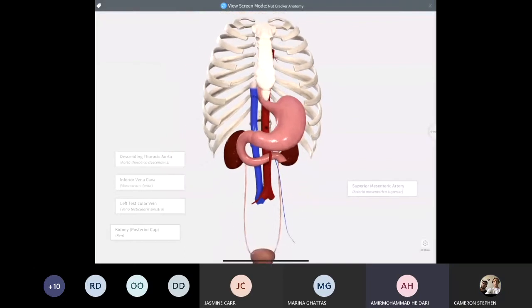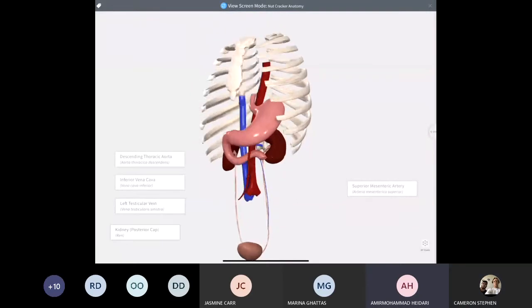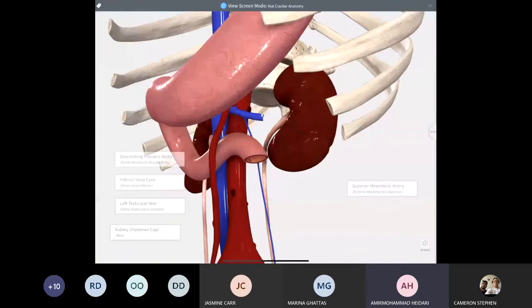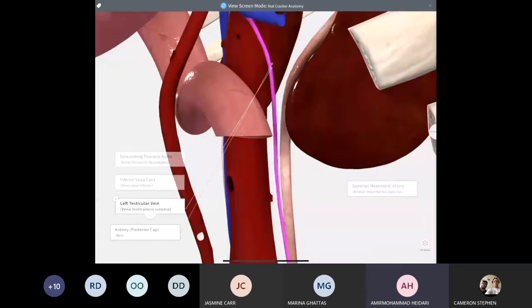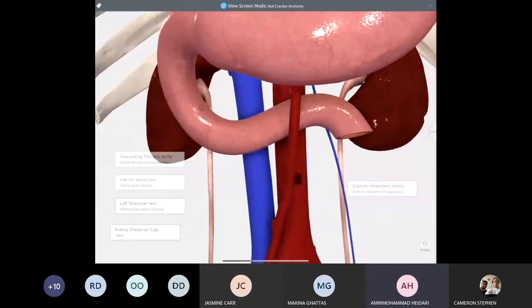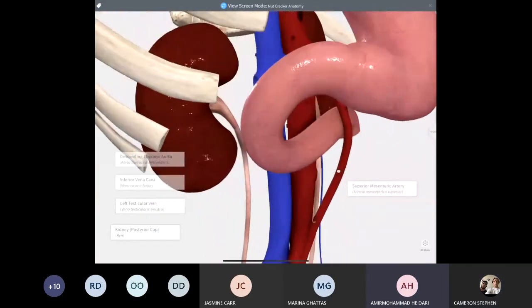Just that the left testicular vein drains into the left renal vein. Yeah. But there's asymmetry here. So the right testicular vein, which is not shown here, drains into the inferior vena cava directly. So you wouldn't have problems with varicosities there.